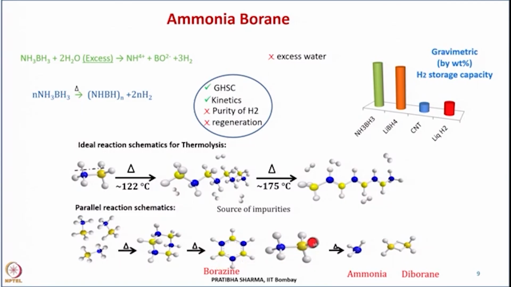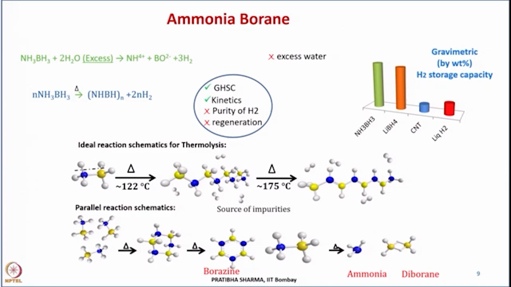It can also result in cleavage of the bond between nitrogen and boron, resulting in ammonia and diborane formation. It is observed that the release of borazine, ammonia, or diborane is not desired; these are undesirable species which are obtained along with hydrogen.